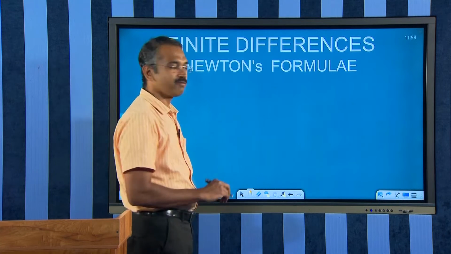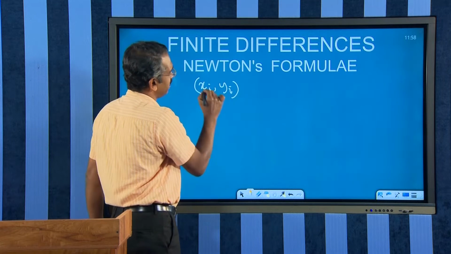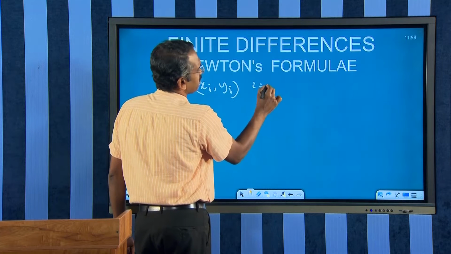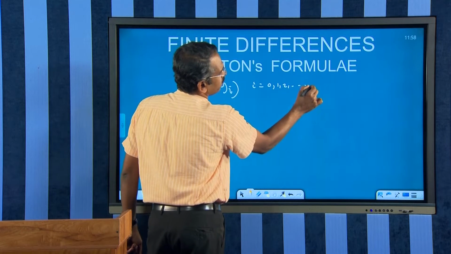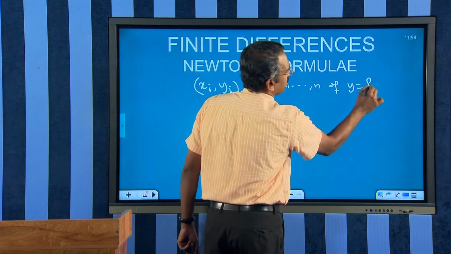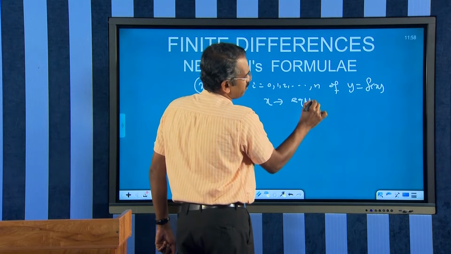Assume that we have a set of values (xi, yi), ordered pairs, where i varies from 0 up to n, of a function y equals f of x. Here x are equally spaced values.